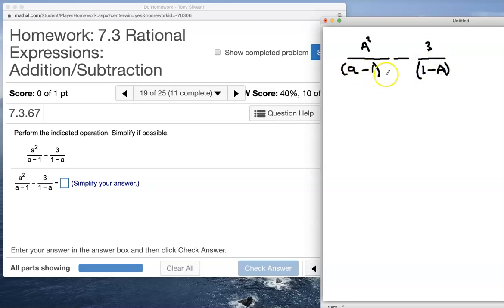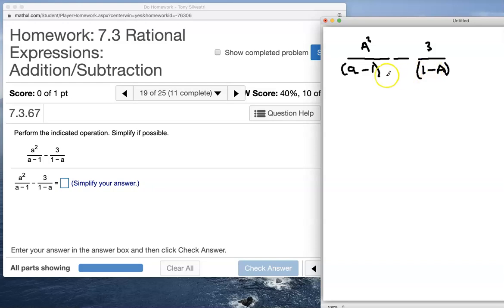Now, these two factors look different, but they're related. The problem with this one is these are opposites, right? A, negative 1, 1. Those are opposites. And so when you have factors that are opposites, you have to handle them a little bit differently than what we talked about before.